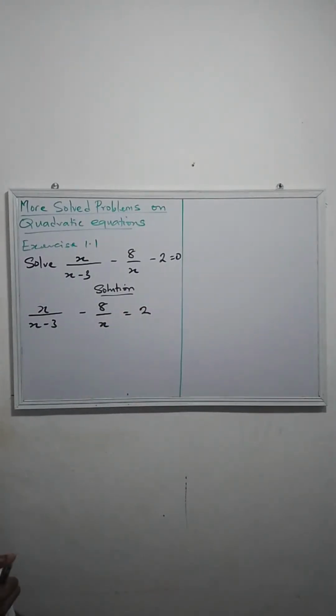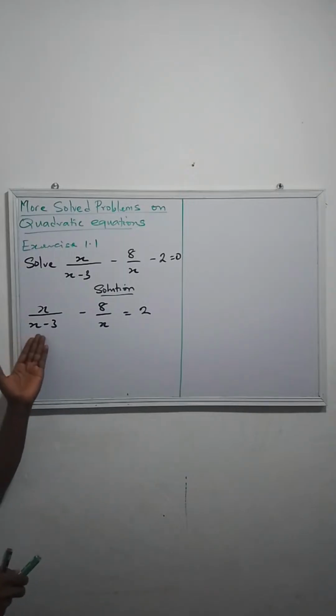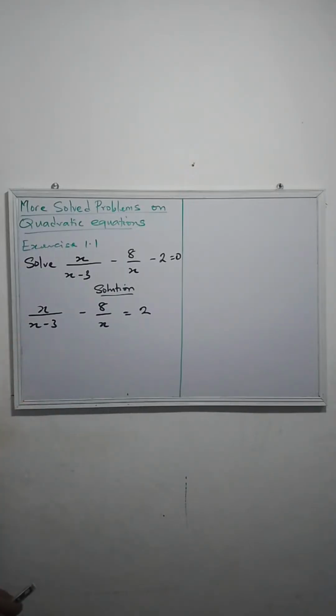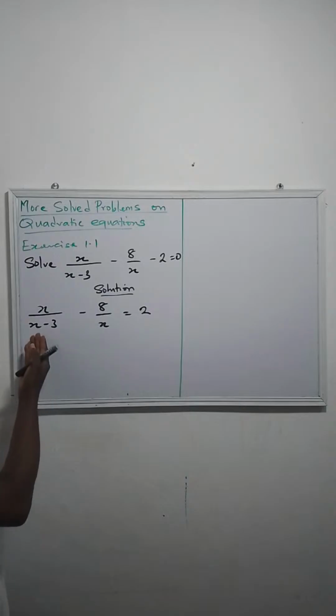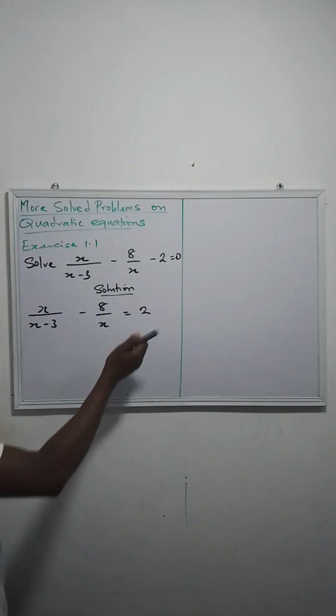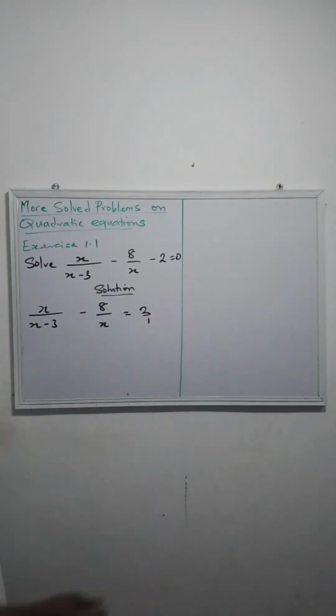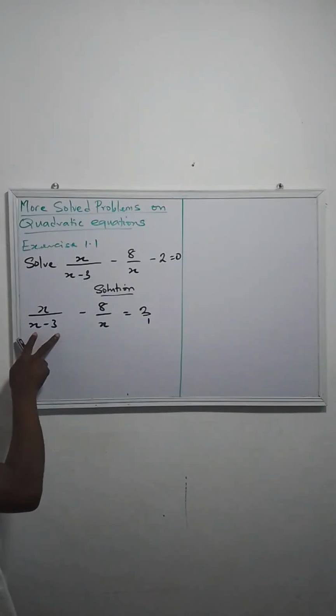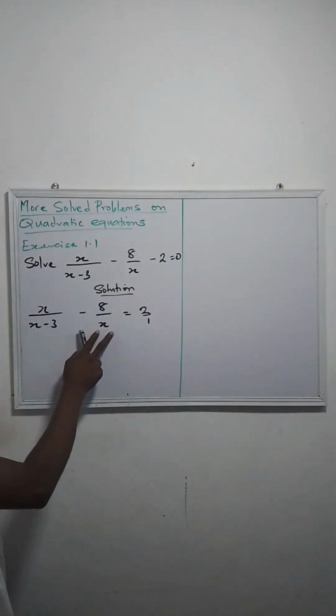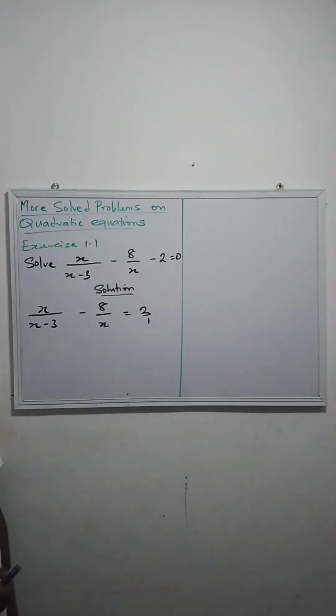Okay. Now, the next thing is to find the LCM of the denominators. So what is the LCM of the denominators? And this one is also the same thing as over 1. So the LCM of x minus 3, x, and 1 is going to be x times x minus 3.